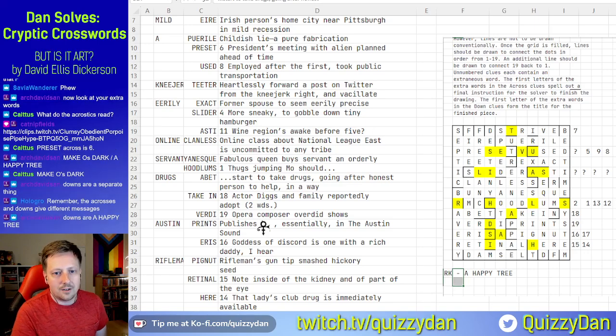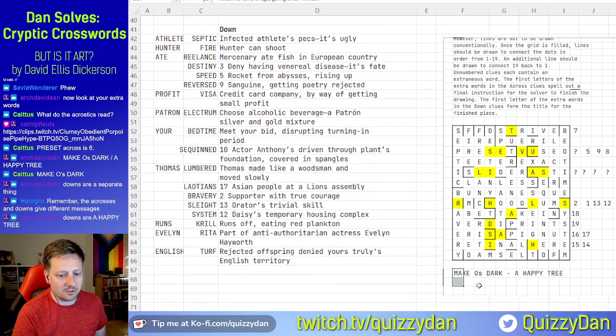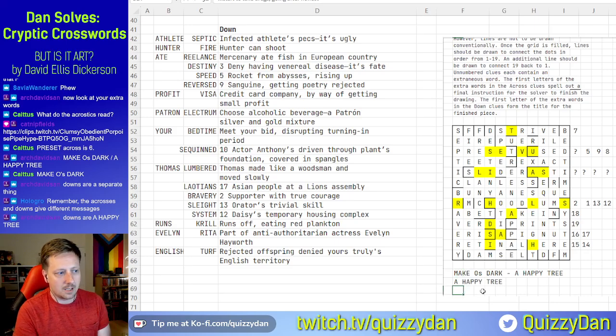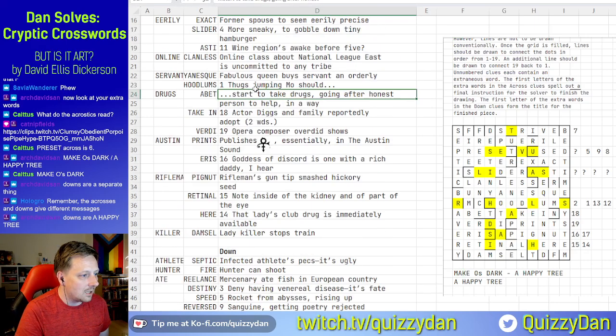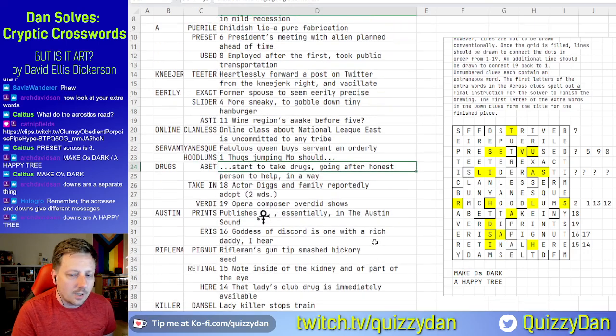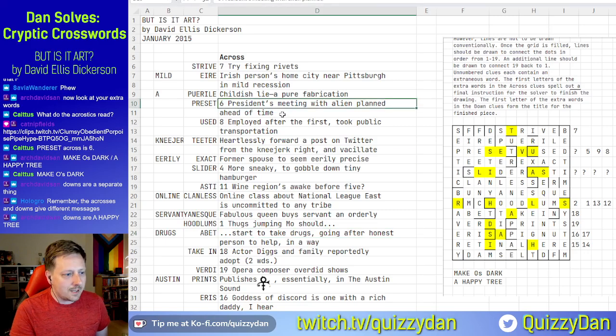and the other acrostic, the downs, give a title of this puzzle, which is a happy tree. Oh, hang on, what did I? Oh, sorry. Make O's dark was the instruction, and it's called a happy tree. Okay. So we just need to work out. So we know that president, this is 6, and that's preset.